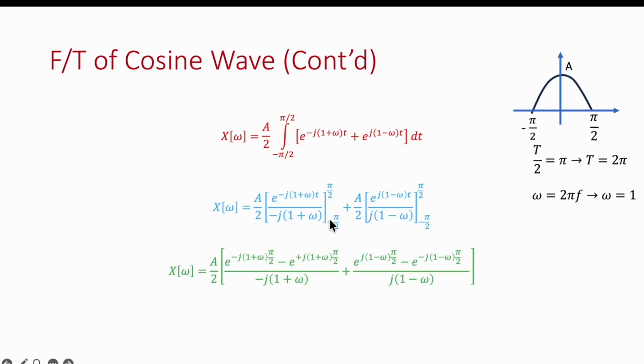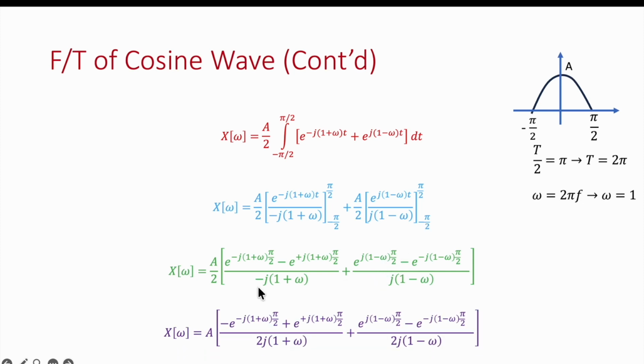So you just insert the upper limit minus the lower limit. This is minus, and the lower limit is minus, so minus, minus, minus becomes plus. Similarly here you insert the upper limit and lower limit, and then you end up with this expression. If you multiply this negative with this function and multiply this 2 inside, this 2 becomes 2j here, and this 2 becomes 2j there.